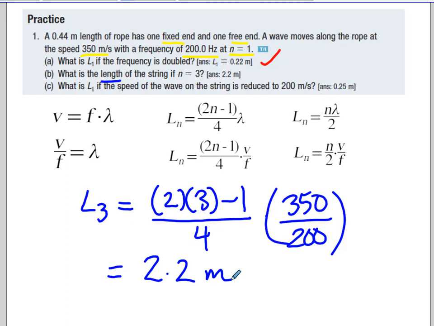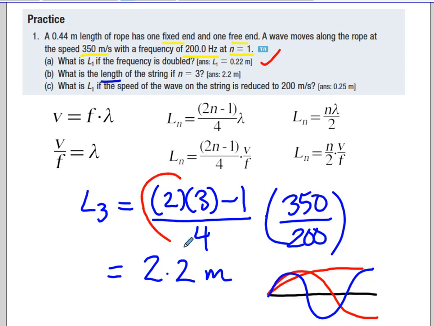So if you imagine from a picture standpoint, here's our rope, and if we did fixed free and we want the third harmonic, one of the reasons I had you draw the pictures, so that would be first harmonic, second harmonic, and then the one we want, third harmonic. Okay, so sometimes it's easier to reference the picture, sometimes it's just easier to draw it. Okay, so the third harmonic here would have 1 and 1/4 wavelength, or 5/4 wavelengths, which isn't a big surprise because we have that 5/4.